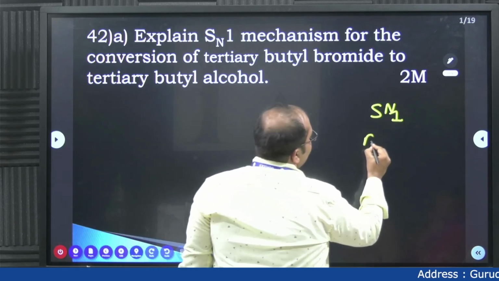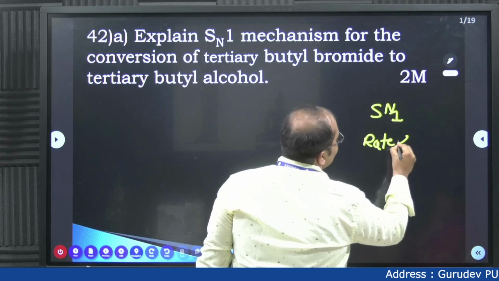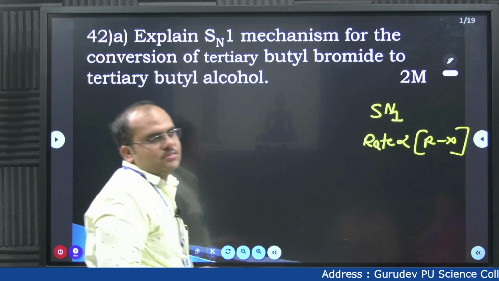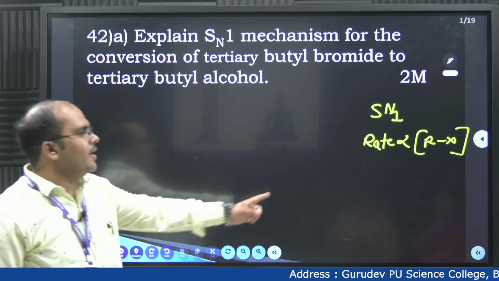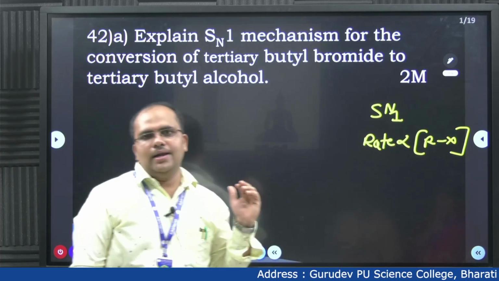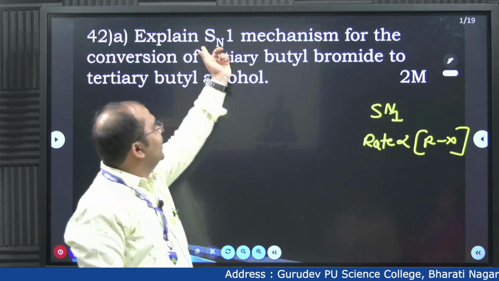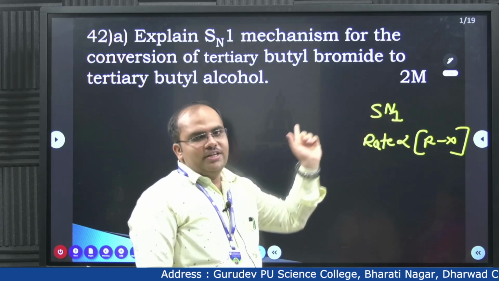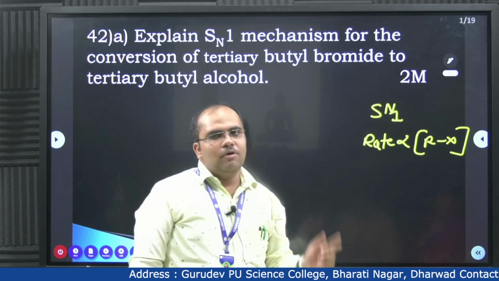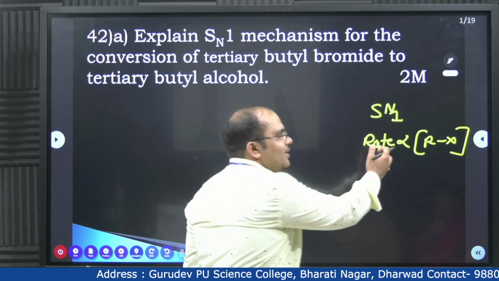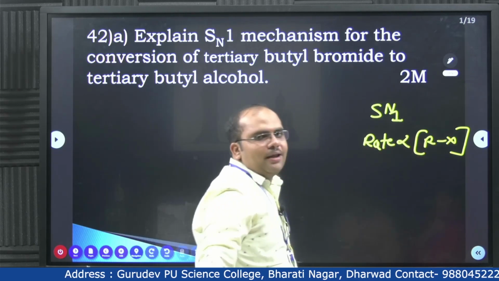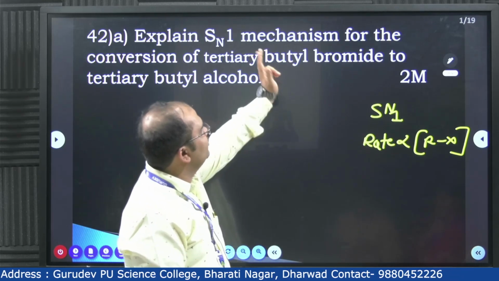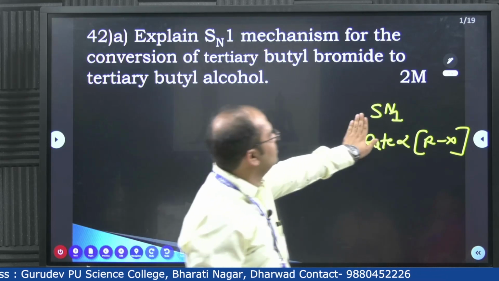Because the rate of the reaction is dependent only on the alkyl halide. In the SN2 reaction, which is bimolecular nucleophilic substitution, the rate is dependent on the alkyl halide as well as the nucleophile. That's the difference between SN1 and SN2.